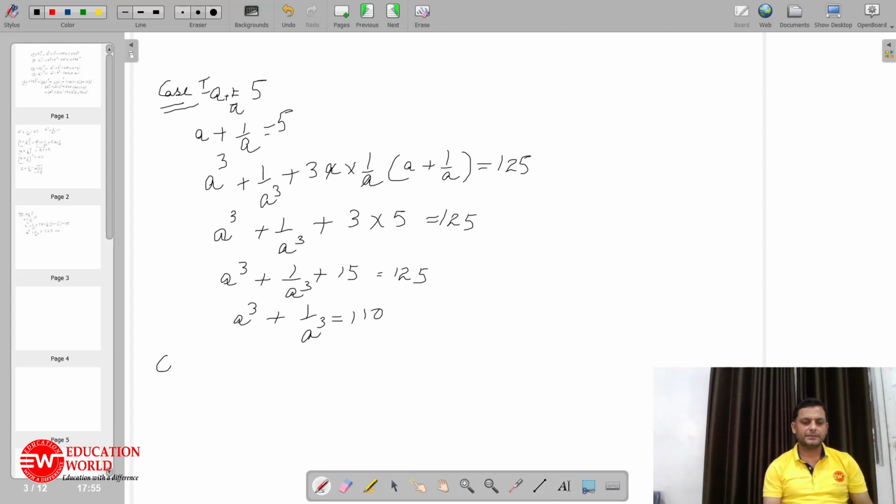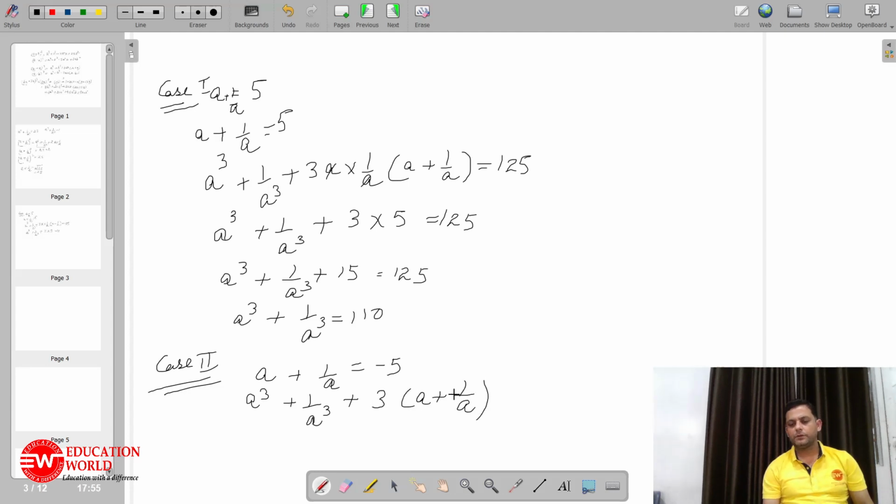Now for the second case, the same procedure we will follow. a plus 1 by a is equal to minus 5. Cubing both sides, a cube plus 1 by a cube, again the a's cancel. Our result will be like this. Now if the power is an odd number, then the negative will remain.